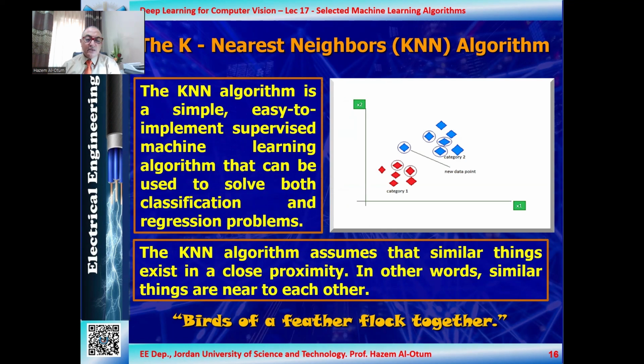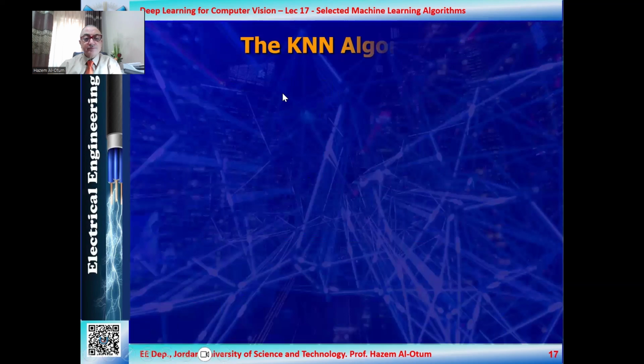They are combined, making a team together, and they occupy almost the same or very close proximity when flying and when landing, etc. So the main idea behind KNN is to use this basic idea in defining whether the samples belong to this or to that cluster, or maybe a class.